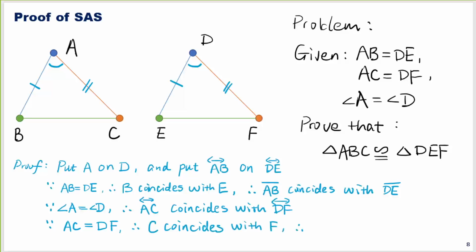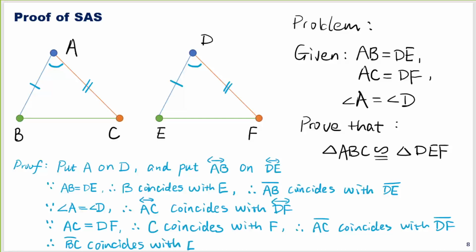Therefore, we know the segment AC coincides with DF, right? Also, we know B is on top of E, C is on top of F. Therefore, segment BC coincides with EF.